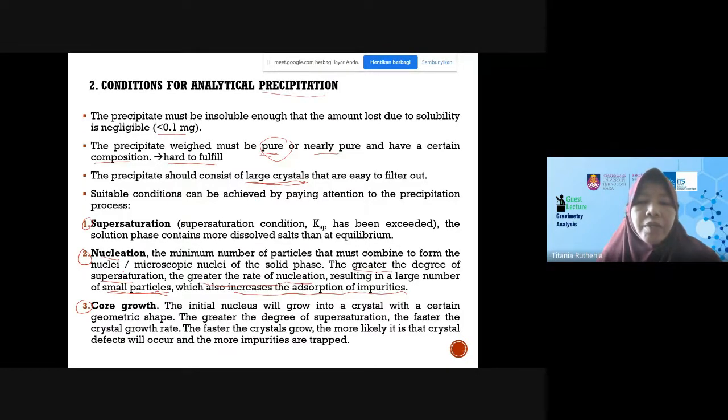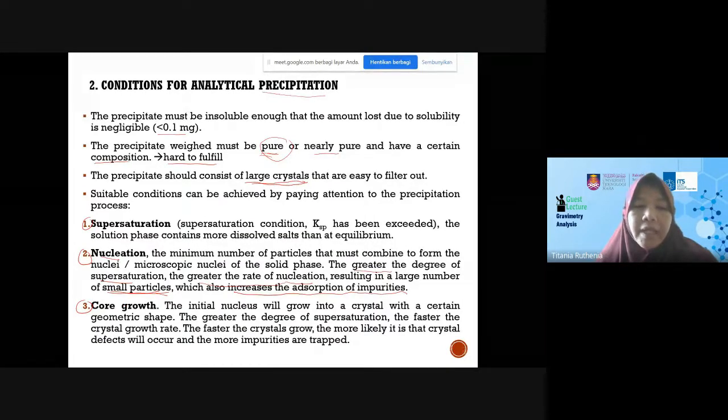Okay, and then after the nucleus forms, the third process is the core growth. So the growth of the nucleus into a bigger crystal, bigger size. So the initial nucleus will grow into a crystal with a certain geometric shape. And the greater the degree of supersaturation, the faster the crystal growth. And if the crystal growth is faster, then crystal defects will occur, and more impurities will be trapped.